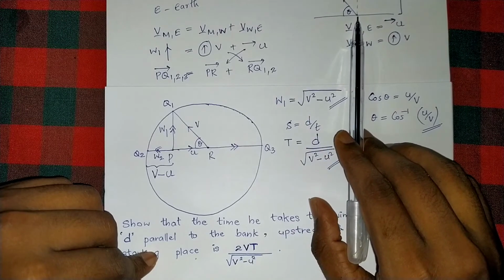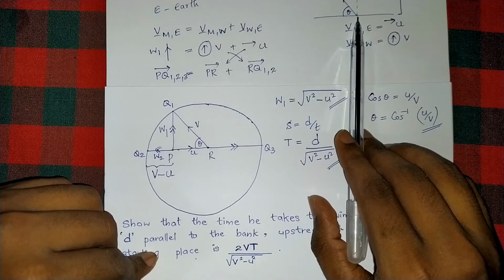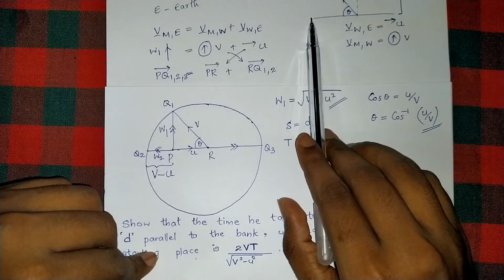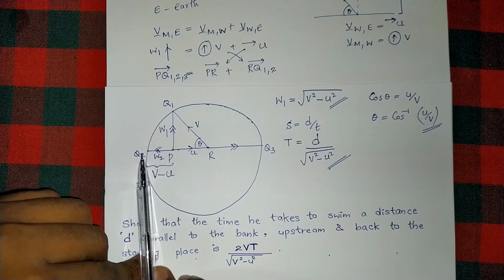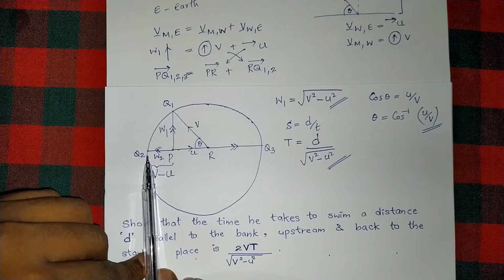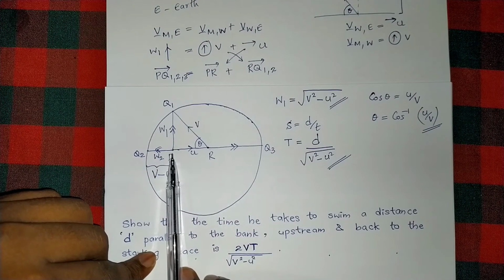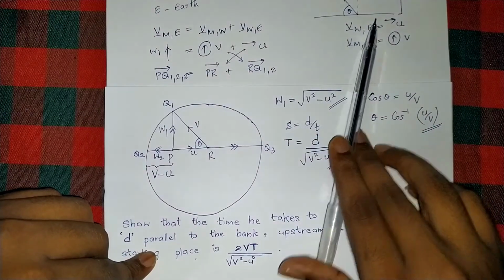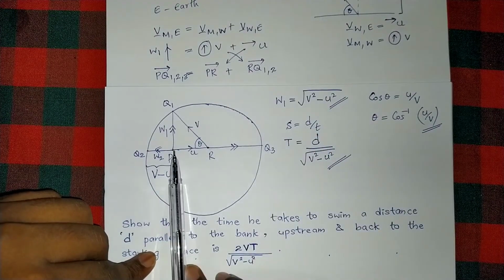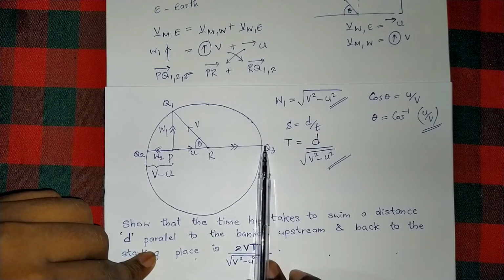Initially it states the swimmer is traveling D distance upstream. So we have to complete our resultant vector in this direction until we meet the circumference. Secondly is swimming back, that means swimming downstream in this direction from P to Q3.